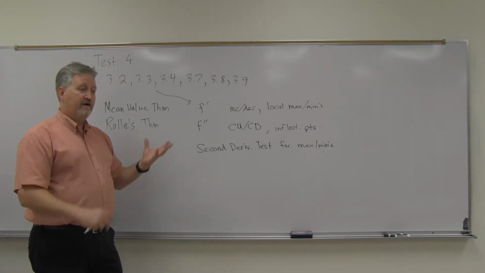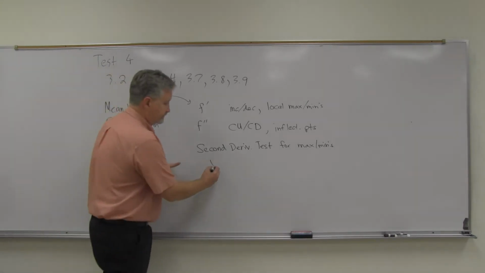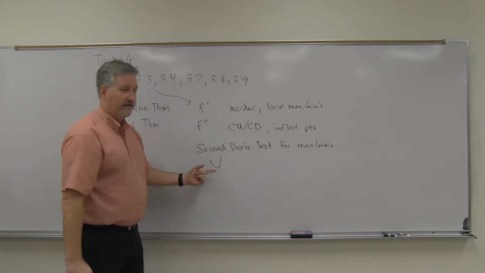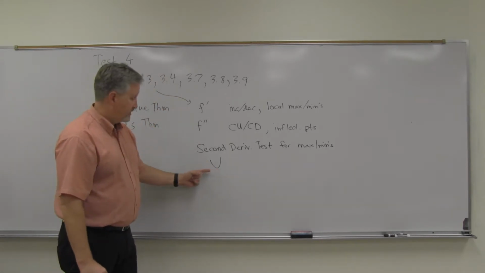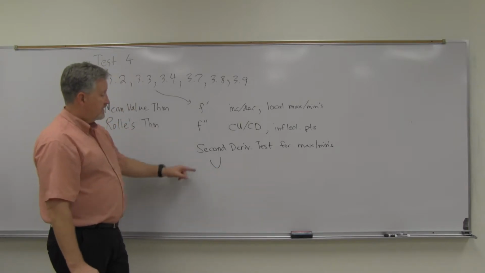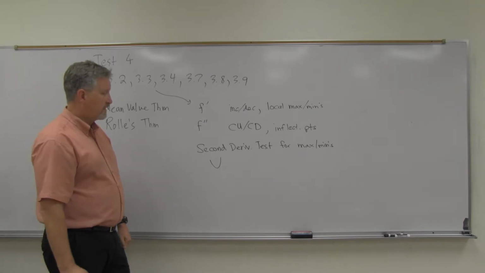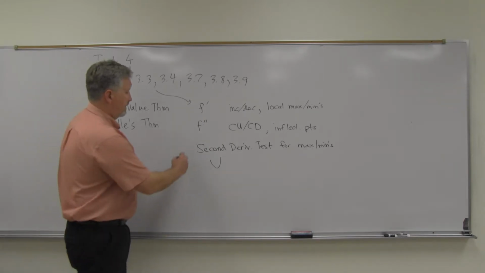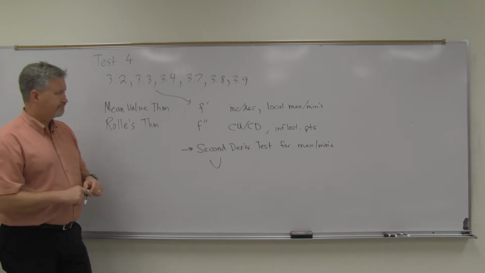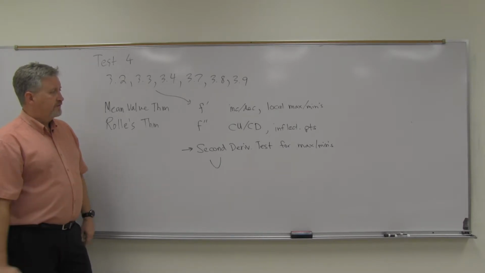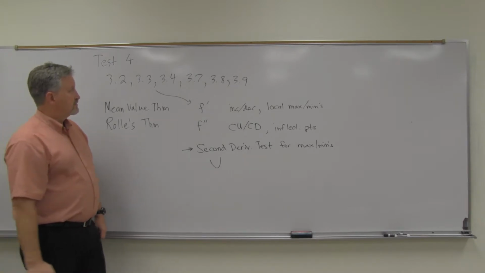If you've got concave up at a derivative equals 0, you know that you've got a min there, because it's concave up and we're at a horizontal tangent. So it's got to be a local min there, and vice versa. We'll have you do the second derivative test to find local maxes and mins as well.